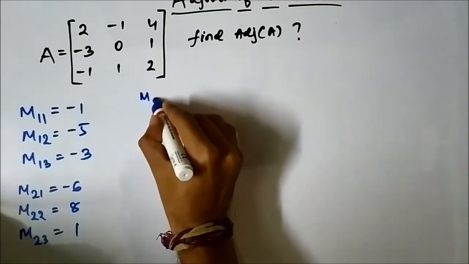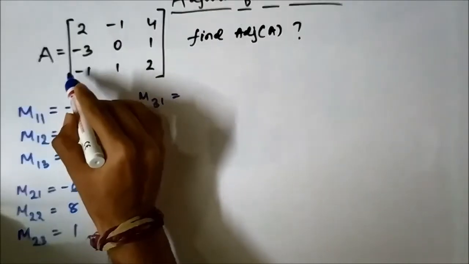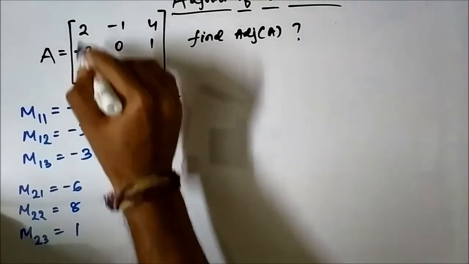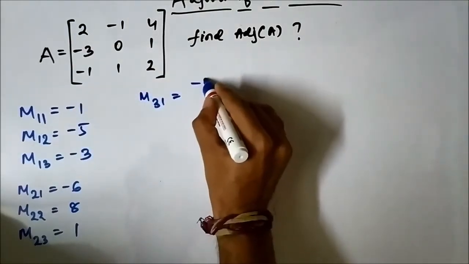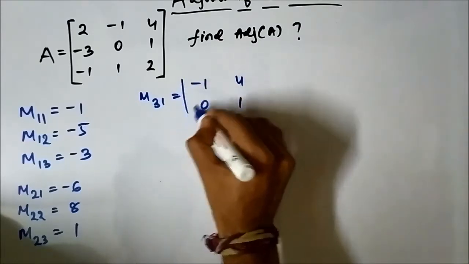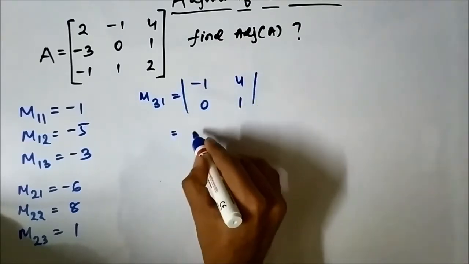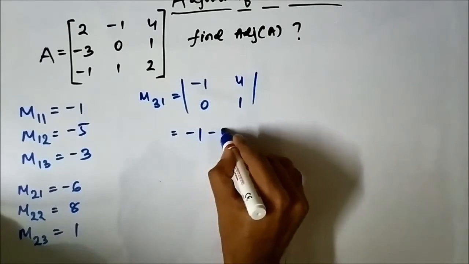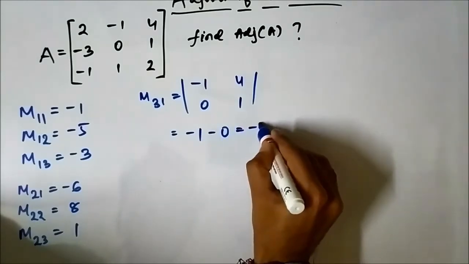So M31, we will remove the third row and the first column, so the determinant will be minus 1, 4, 0, 1, which is equal to minus 1 minus 0, which is equal to minus 1.